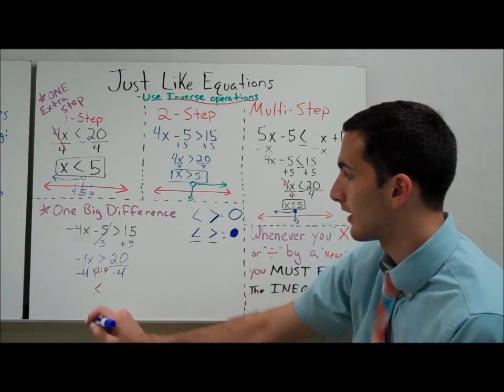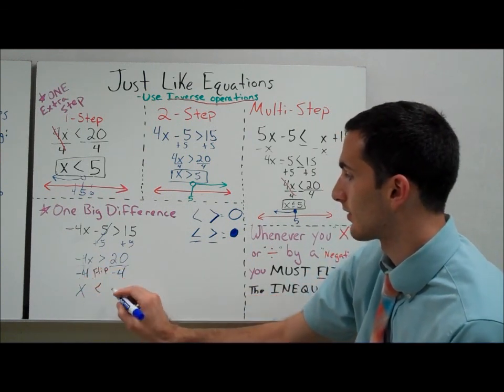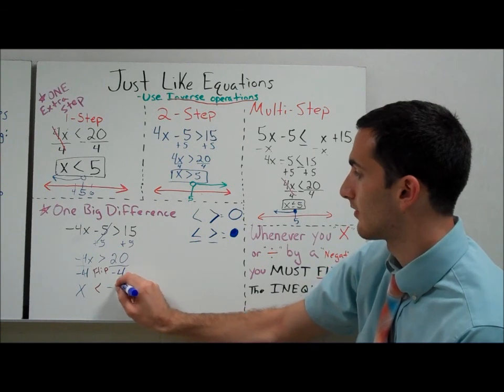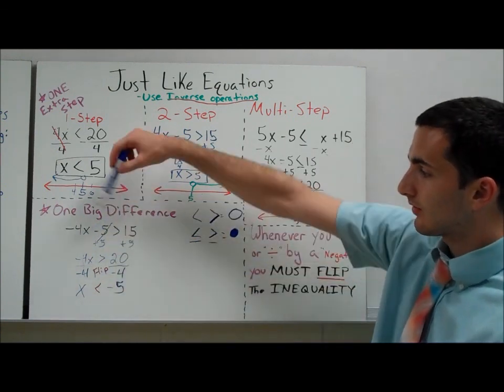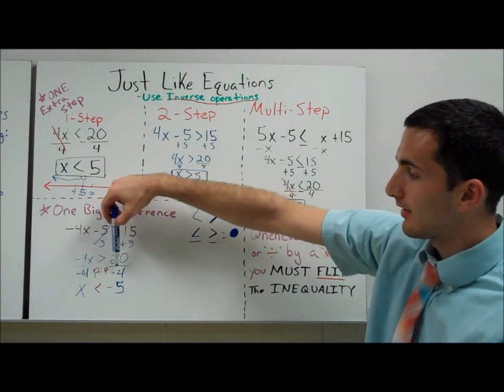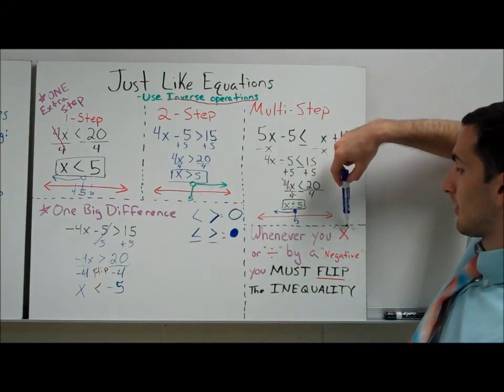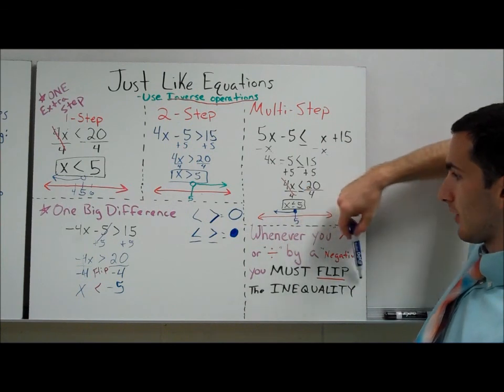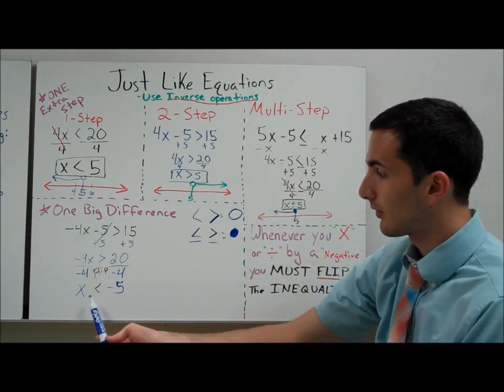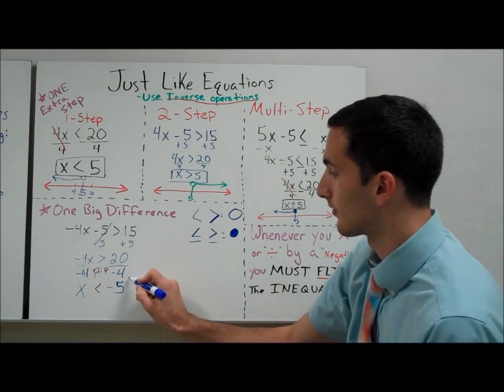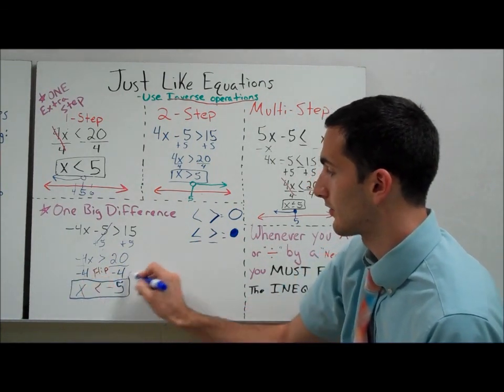Negative 4 and negative 4 cancel out, so we get x is less than negative 5. The only difference is whenever you divide or multiply by a negative number, you must flip the inequality. We're going to box our answer.